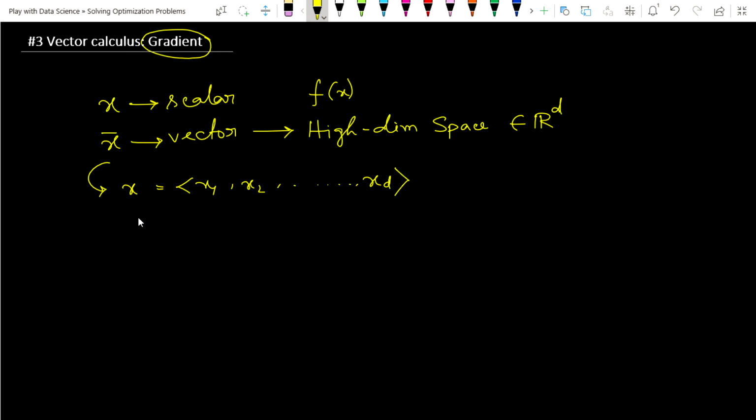And let a be a constant, also a vector, a vector constant, and its components are a1, a2, up to ad. It is a vector constant, not a scalar constant.